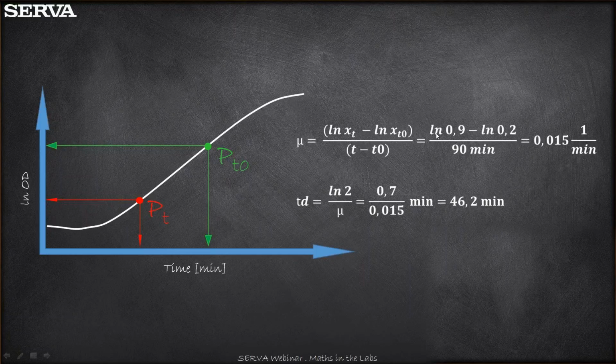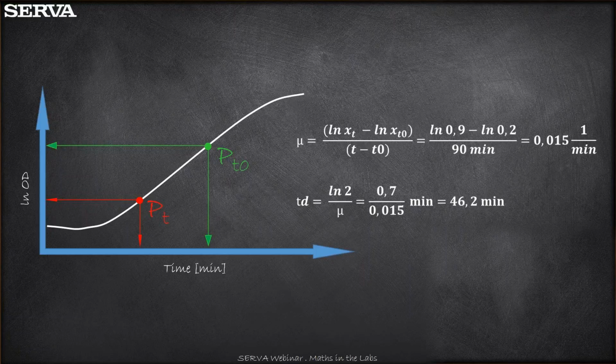The other two values are read out here. So you go to PT0 and read this point, and at PT this one, and you subtract both of them, divide it, and you get 0.015 per minute. So this is the growth factor mu.